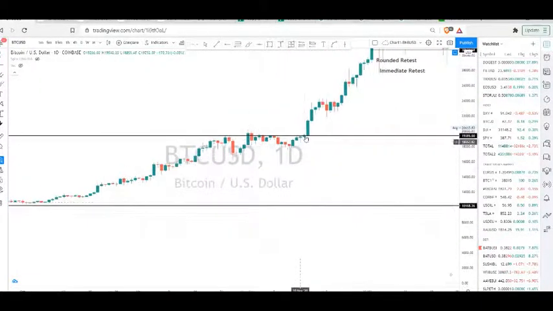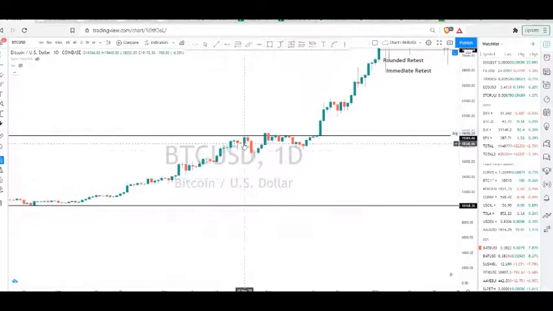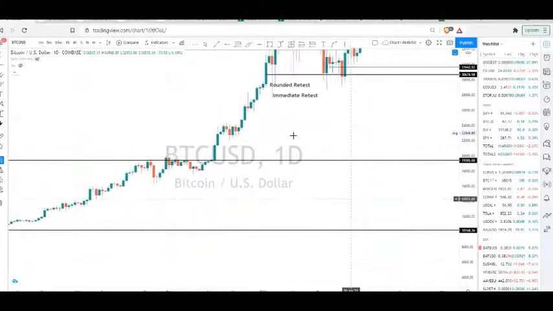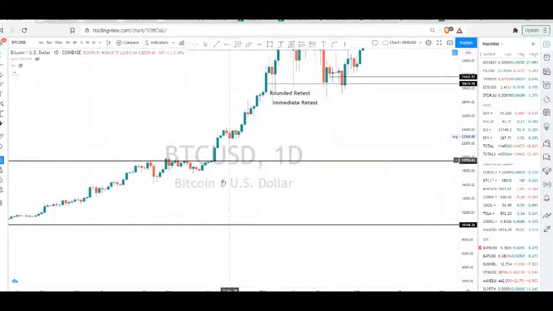This level is acting as resistance, resisted price, price came back, resisted price again, price came back. It's acting as resistance. That's why sometimes we don't call it resistance or support, we just call it a level. It's acting as resistance here, but it became a support. A support that has not been retested anyway, because we've not come back to retest that level.